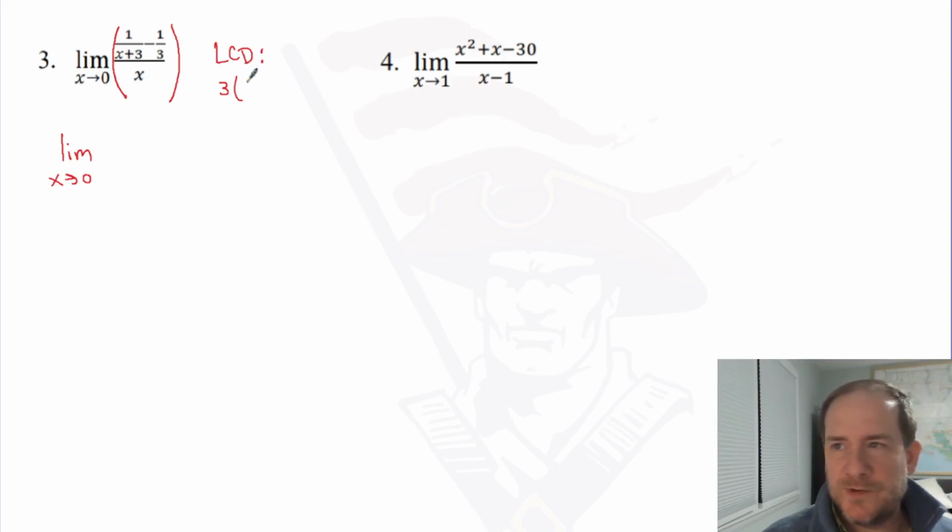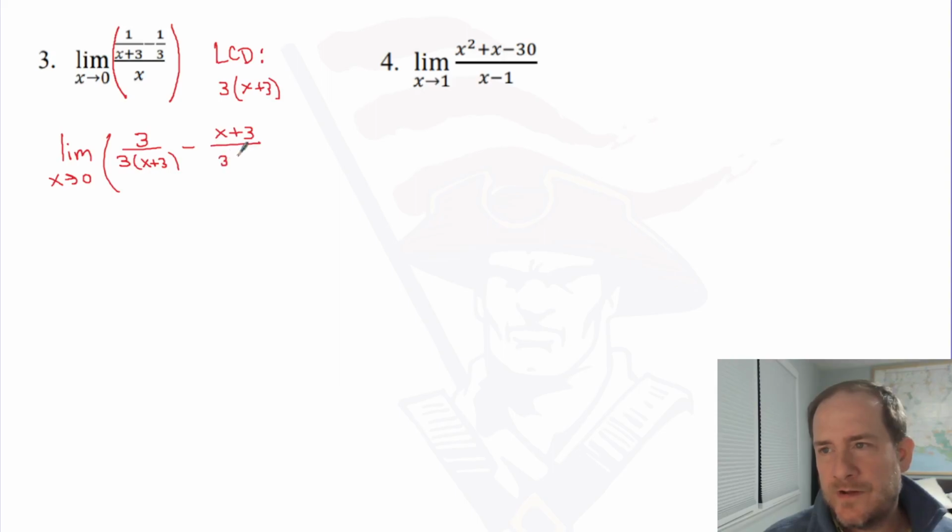Also a factor of x plus 3 in it, for sure. So this is the LCD we're trying to chase down. So looking at the top, this first fraction you'd multiply by 3 over 3. That would give you 3 over 3 times x plus 3. In the second one, we have to multiply by x plus 3 over x plus 3.